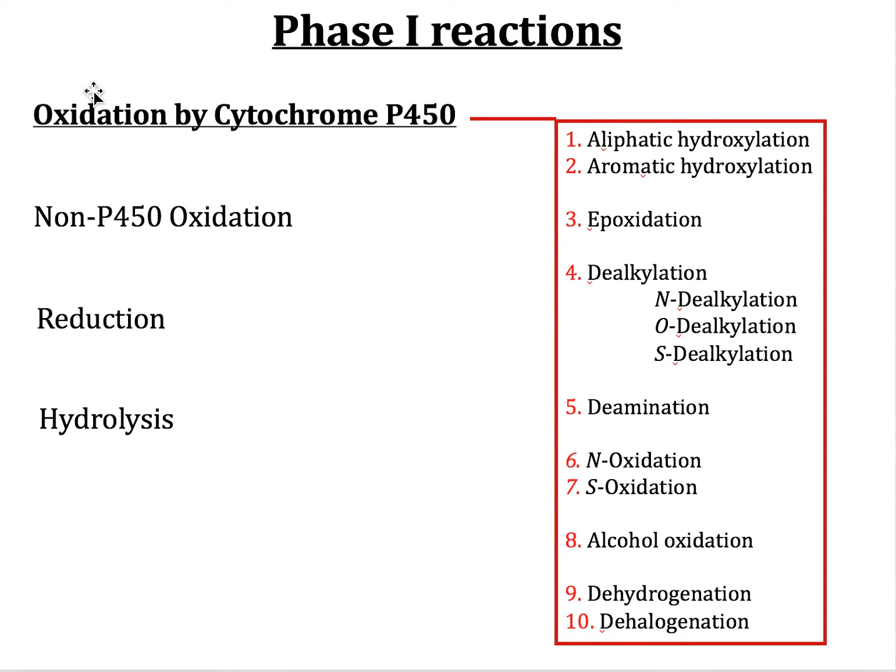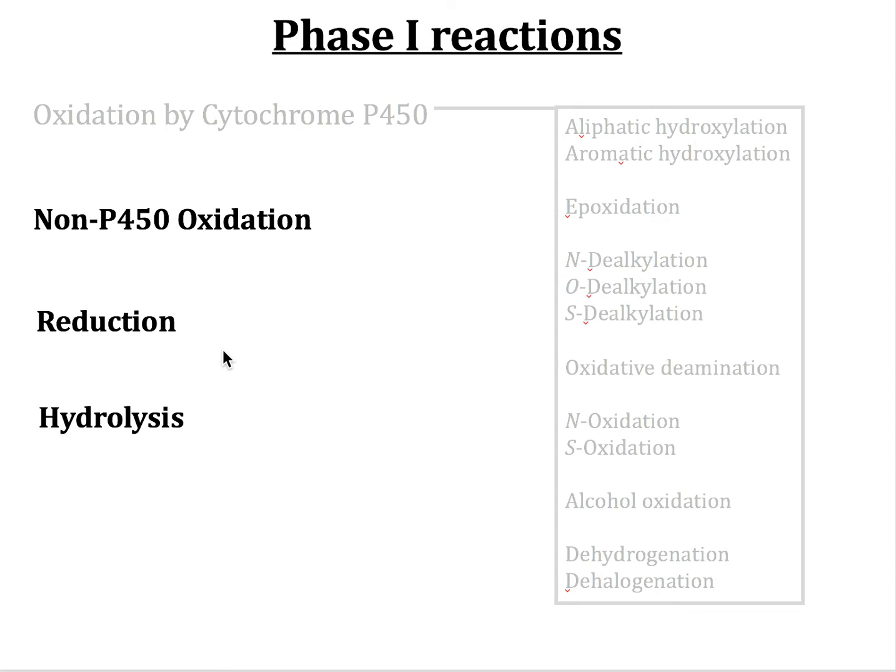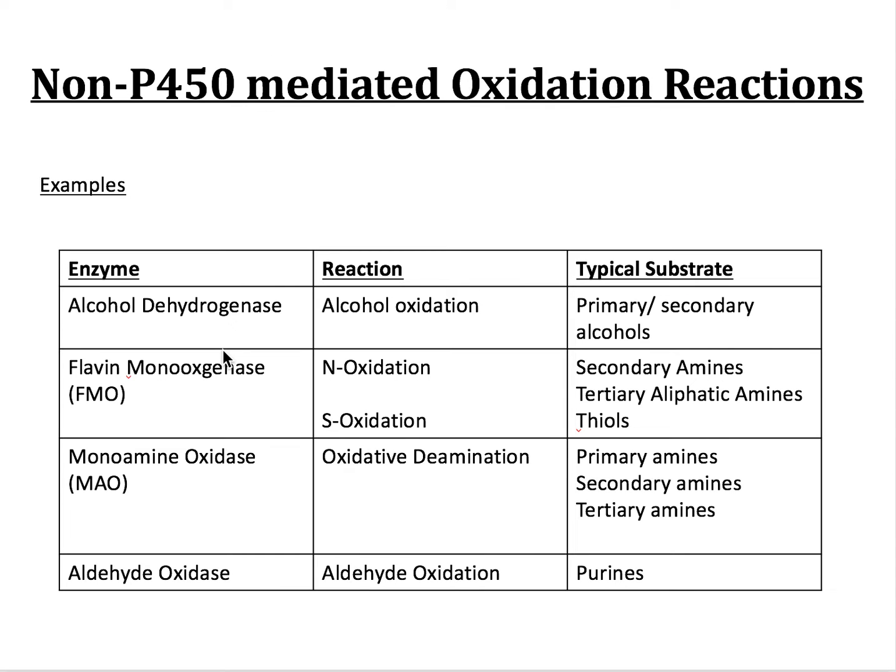So far we've completed just one very small aspect of phase 1 reactions, the oxidation by cytochrome P450. Now there's non-P450 oxidation, then there's reduction, and there's hydrolysis. Non-P450 oxidation is also a simple process, but it doesn't make use of the P450 enzyme in the liver.